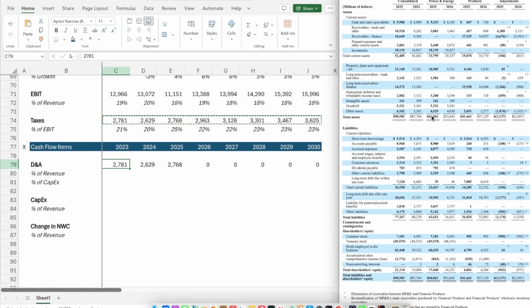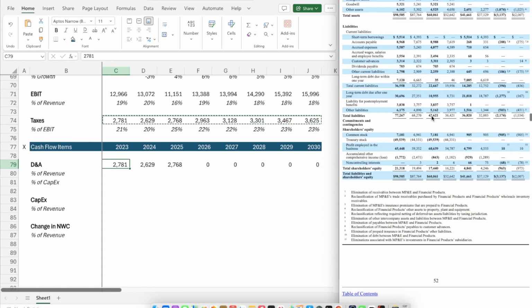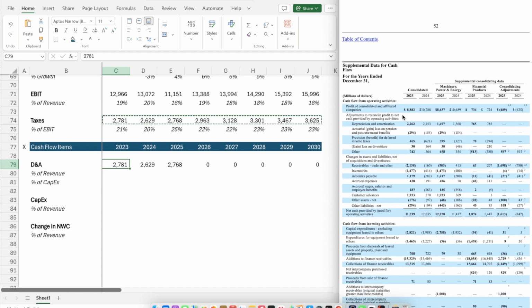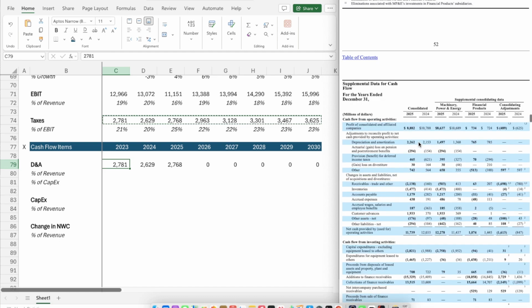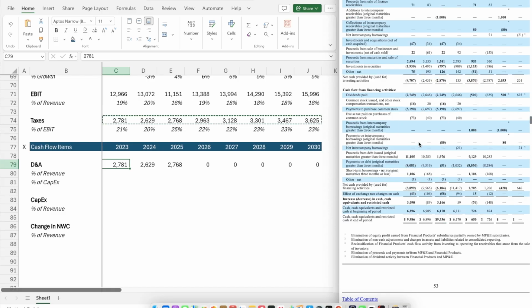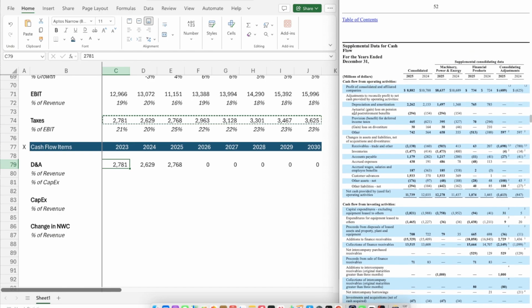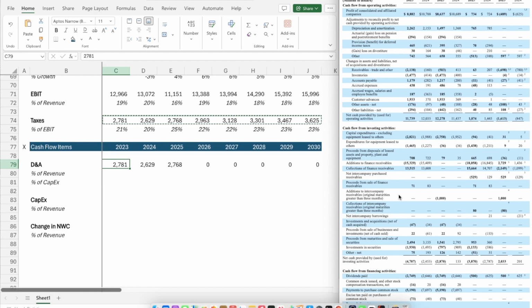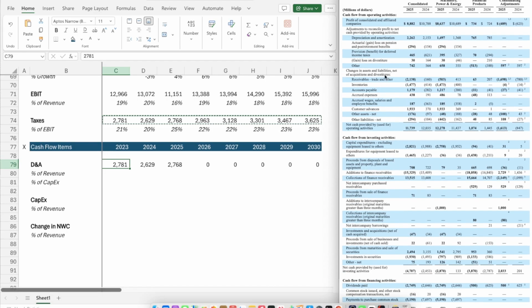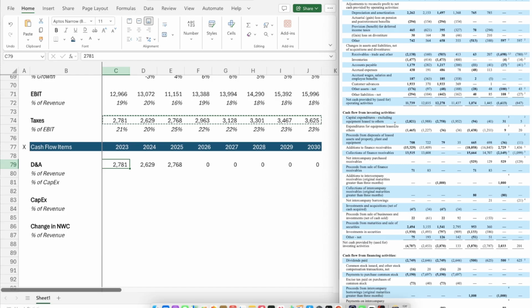I want the cash flow statement now, which is this one, page 53. We want this line. We have to go back actually to the other one. We want this one. We're going to sum up these. And then we want the capital expenditures.